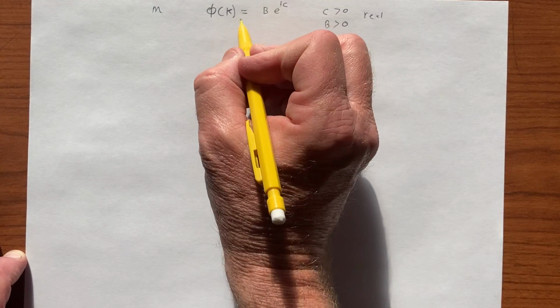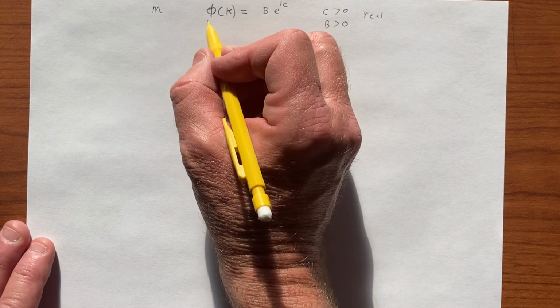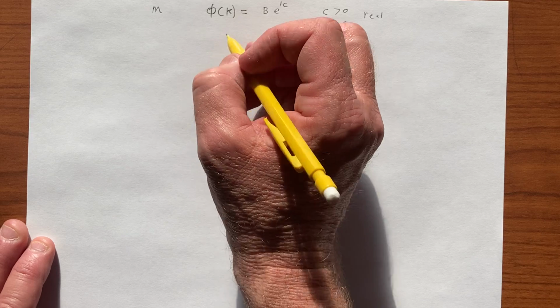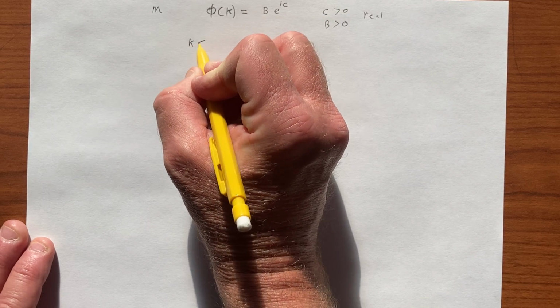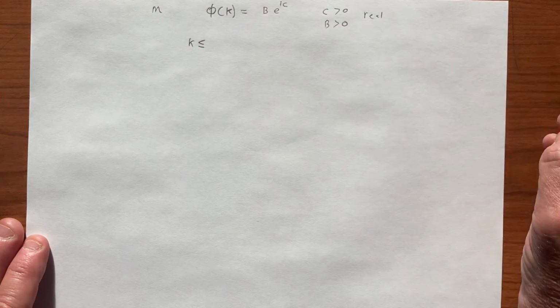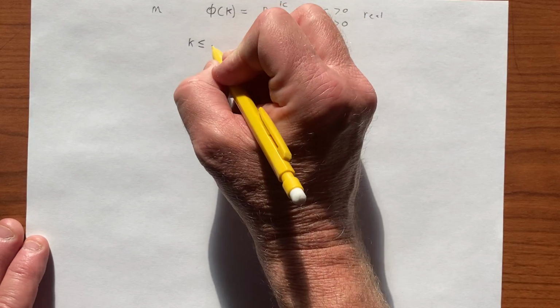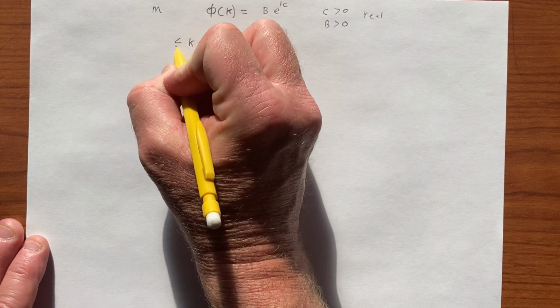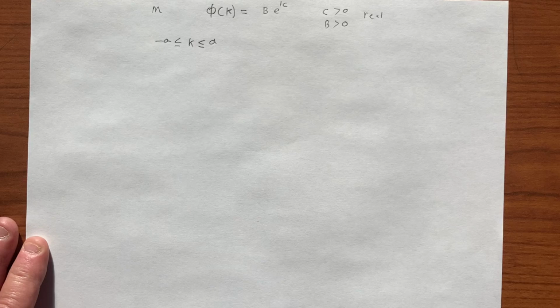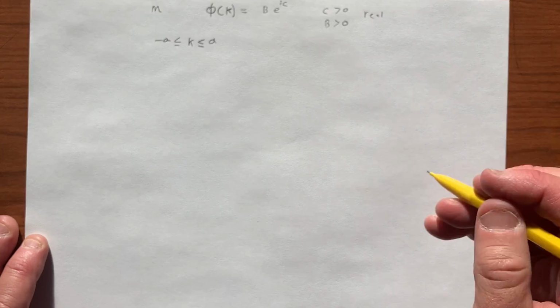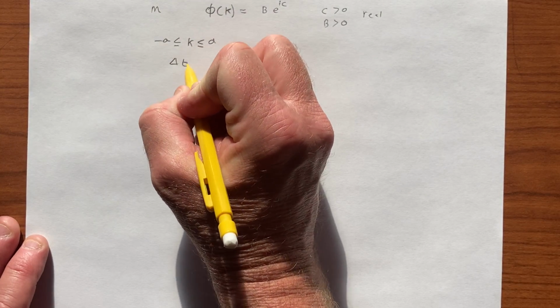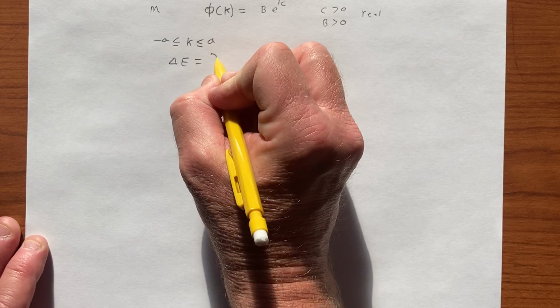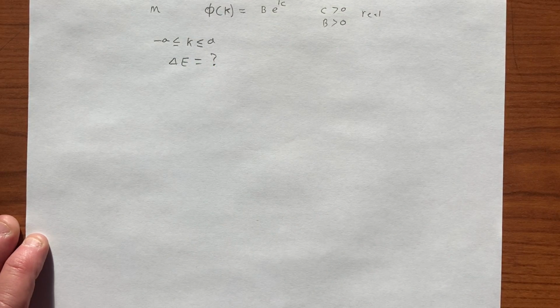And that's the value of phi(k), as long as k is between a and negative a. Okay, let's say we want to find the range of energies that are possible.